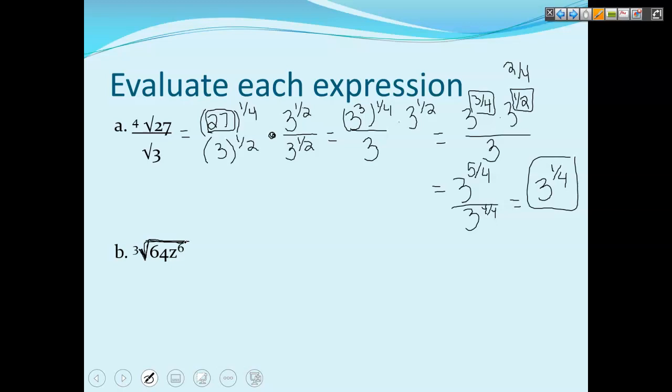So again, you can think of this as 64z to the 6th to the 1/3. And if you go back, 64 is 4 times 4 times 4. Cube root of 64 is 4. A power to a power gets multiplied. And we get z squared.